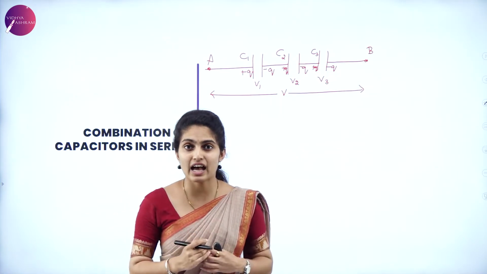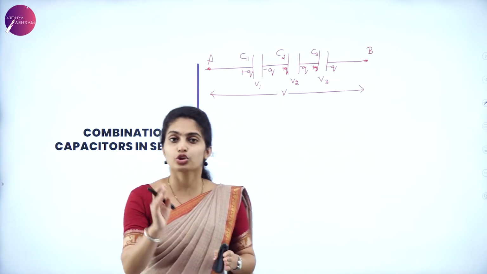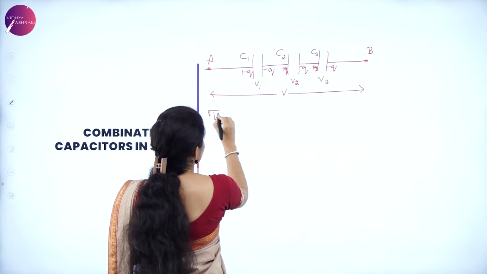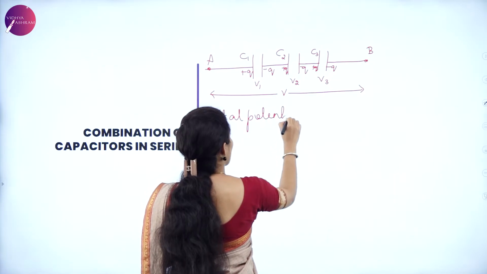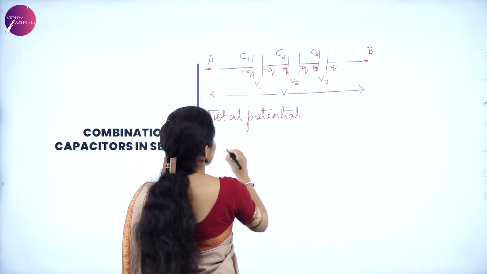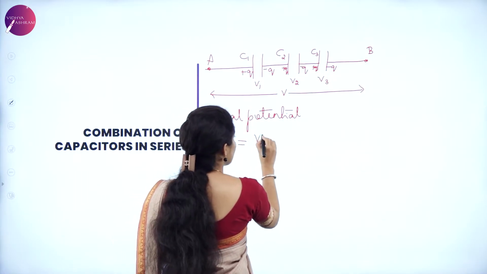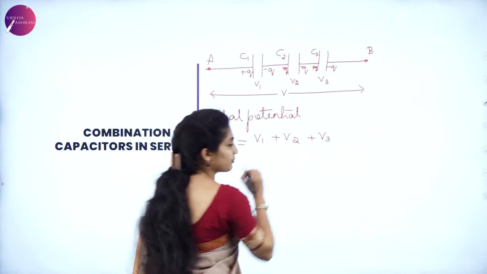So now we have the potentials V1, V2, V3, and the total potential is given by V. Total potential across the series combination is given as V is equal to V1 plus V2 plus V3.